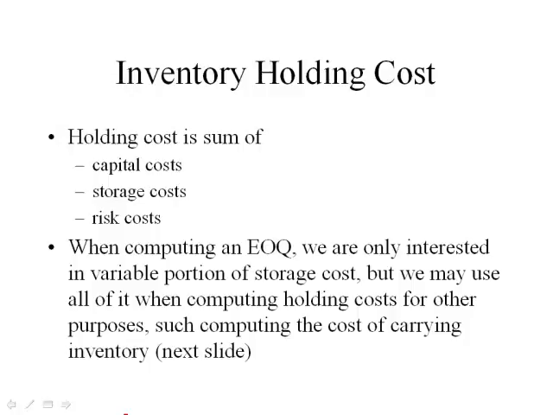So the return that I could get in those other areas is the capital cost, the opportunity cost, and that's generally one component of holding cost. If I can get 8% in the stock market, my capital cost, my opportunity cost would be 8%. Different businesses will use different figures for that.